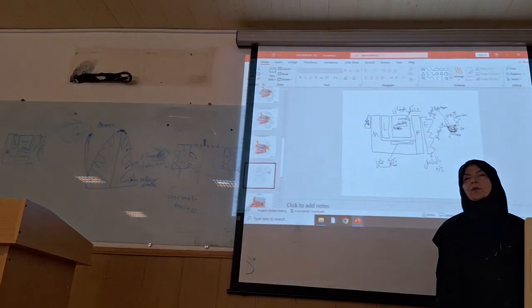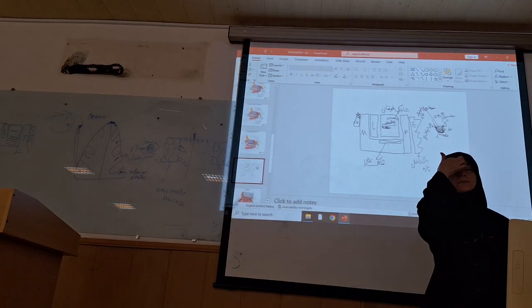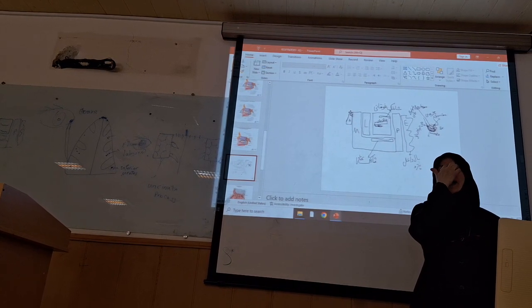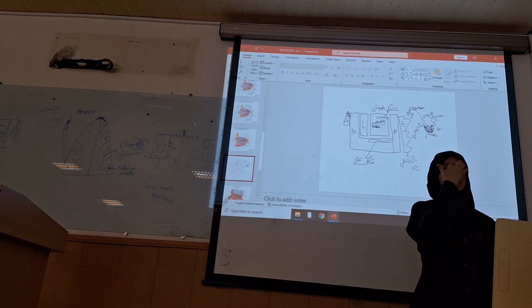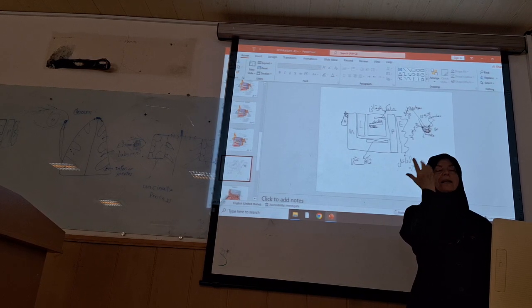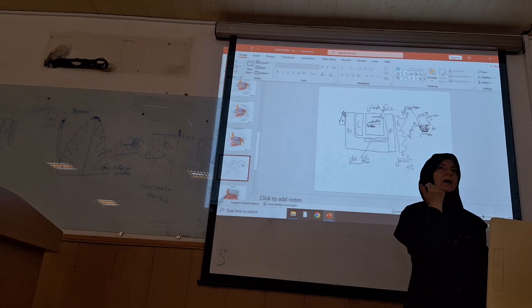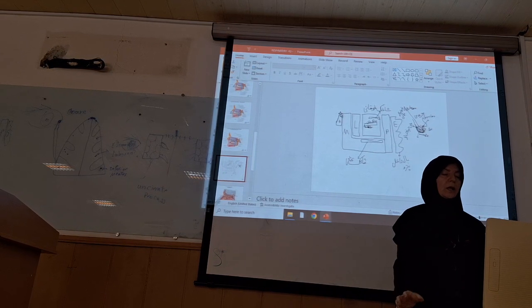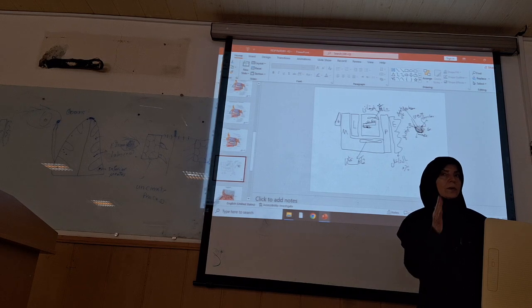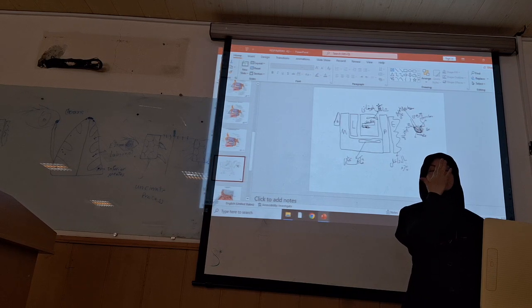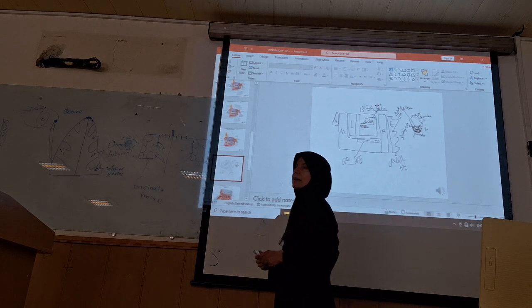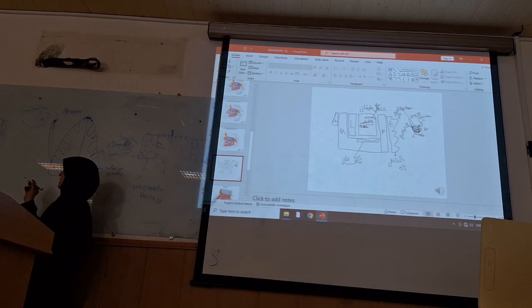And anteriorly, what is the name of this bone? Frontal. The frontal bone has a nasal spine. And this bone we call the nasal bone. So the nasal bone also participates to form the lateral surface of the nasal cavity.